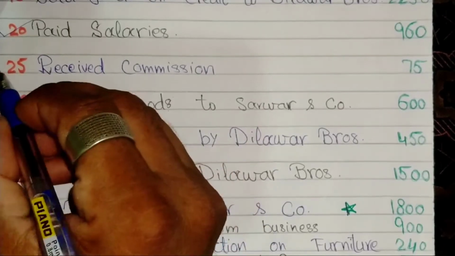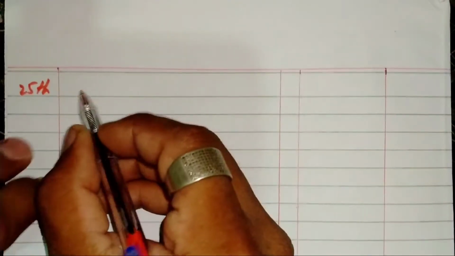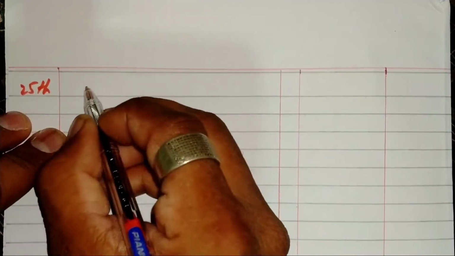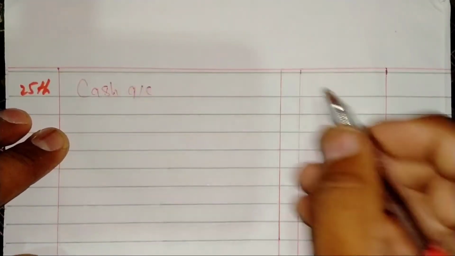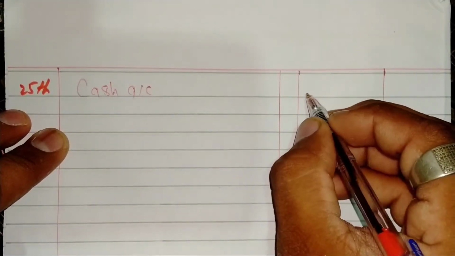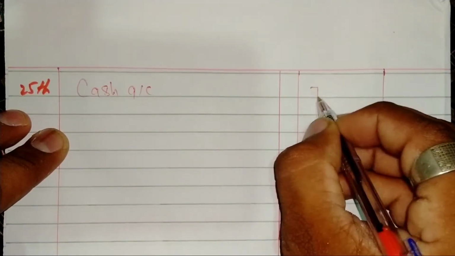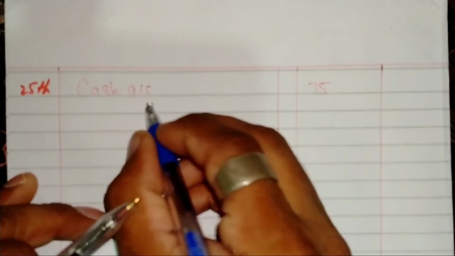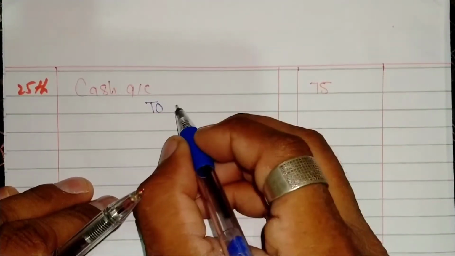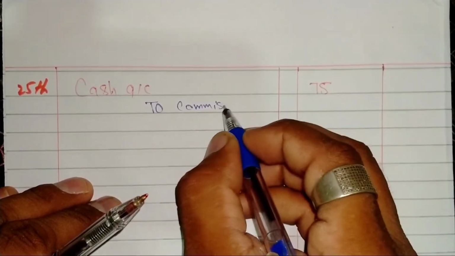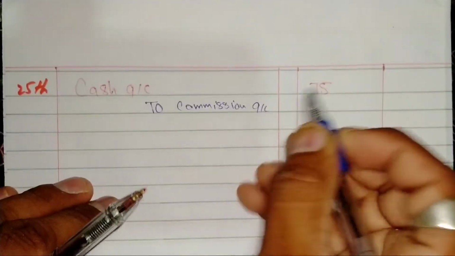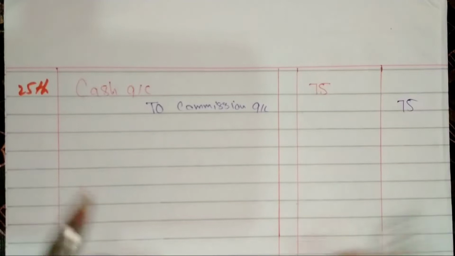Next transaction is received commission. On 25th February, commission received. The entry will be cash account debit because cash is received with amount $75 to commission account credit with amount $75.